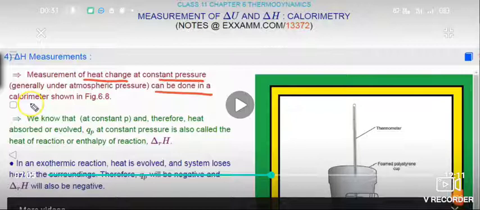So enthalpy also will be negative. For an endothermic reaction, heat is absorbed. So if heat is absorbed, then what will be the QP? QP is positive and delta rH will be positive. And in a calorimeter, for measuring heat changes, we can use the thermometer at constant pressure.